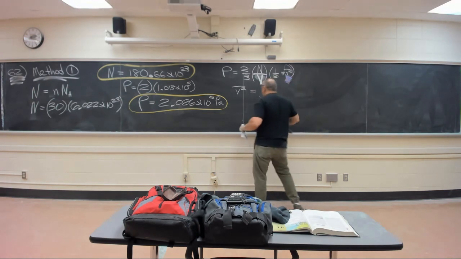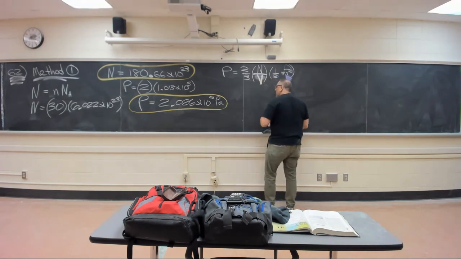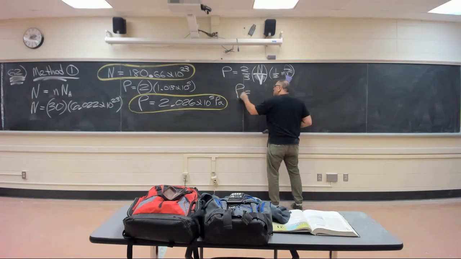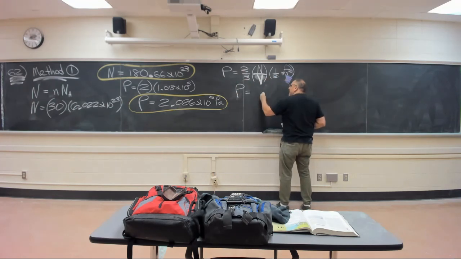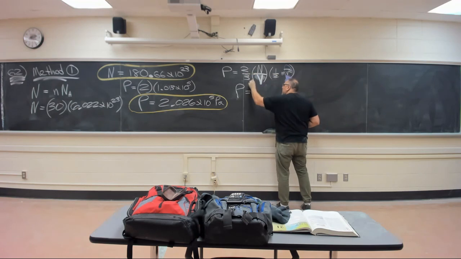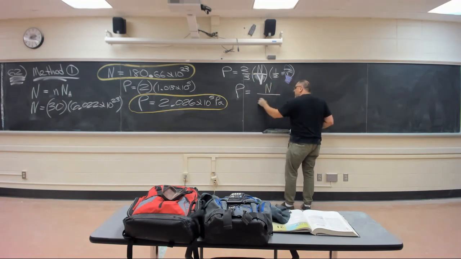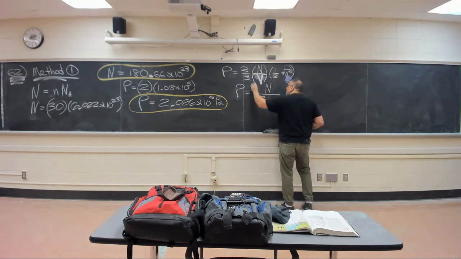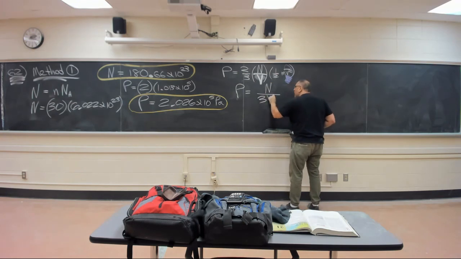Let's leave it. Hopefully, this is a good decision. 2/3 of a half, or half of 2/3, is a third.